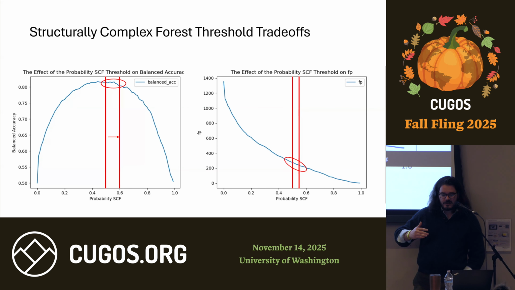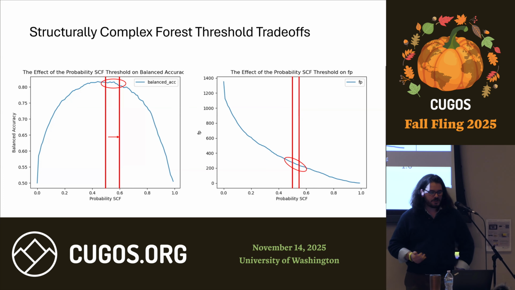And then the other ask was, we'd like you to reduce false positives, right? The idea that I'm saying that it's structurally complex, but it's actually not. So you can see as I move that threshold over to the right, false positives are decreasing. So nice.